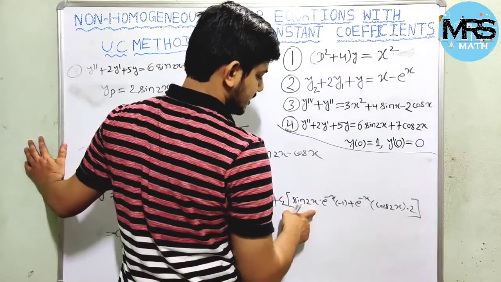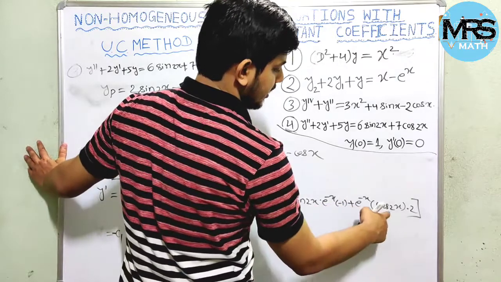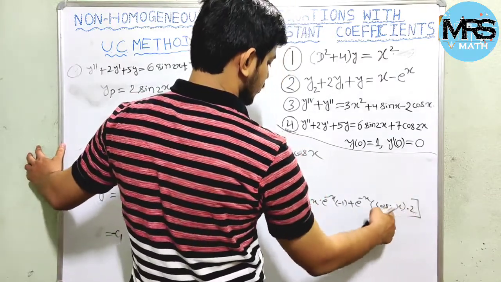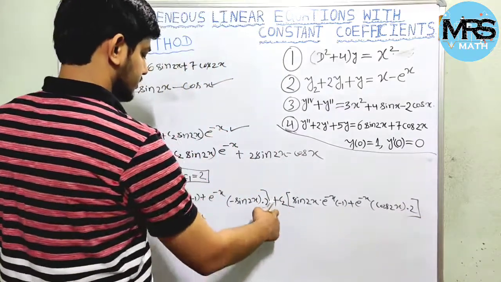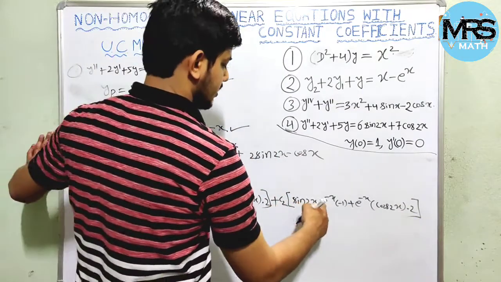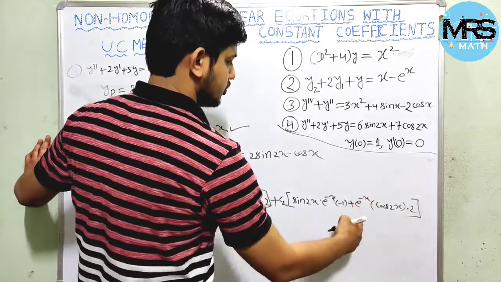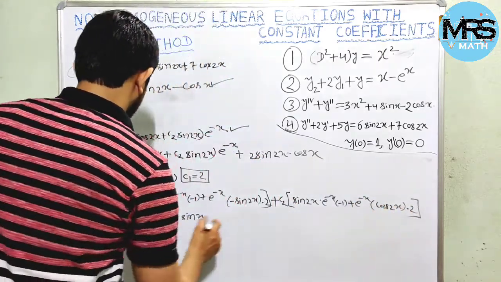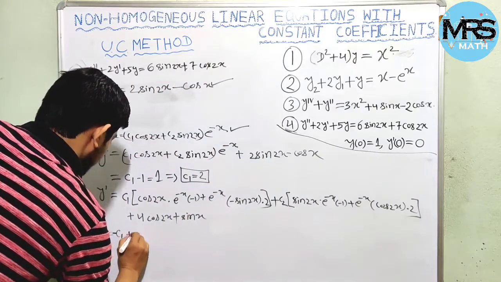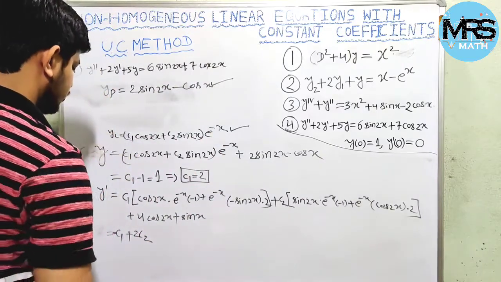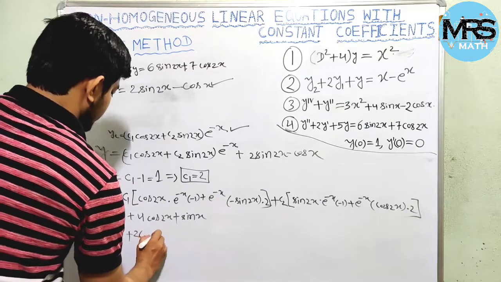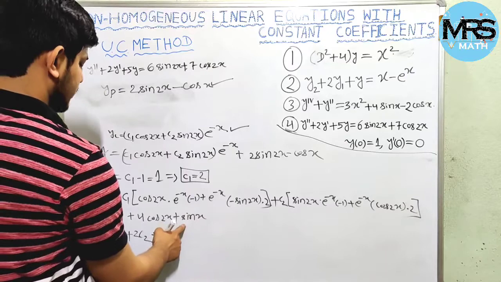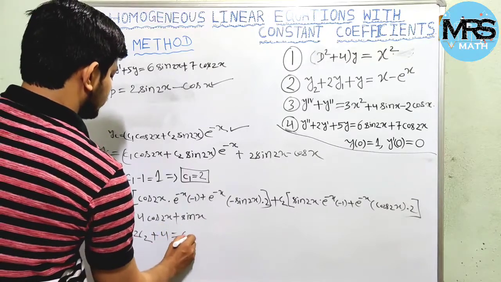Again this one is 0 because sin of 0 is 0, and here cos of 0 is 1. So 2 into e to the power 0 into c2, that is 2c2, correct. So minus c1 plus 2c2, right, plus here 4. Okay, cos of 0 is 1, and sin of 0 is 0, equal to 0, as given.